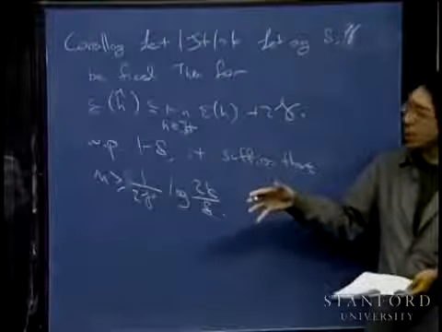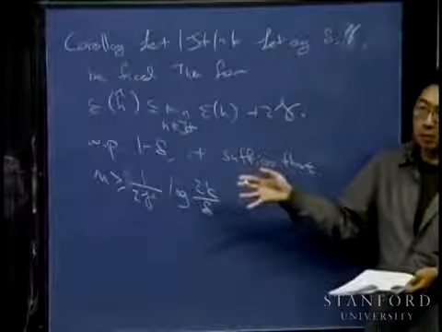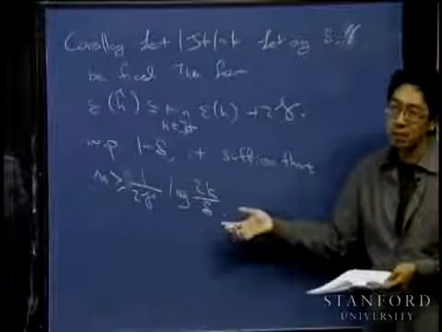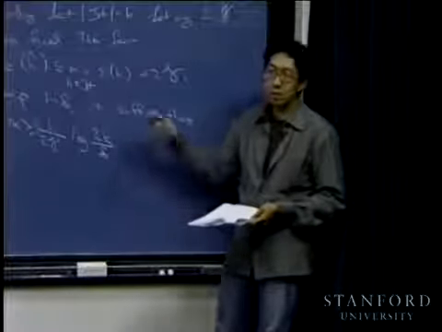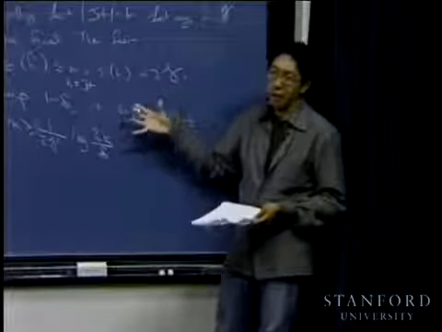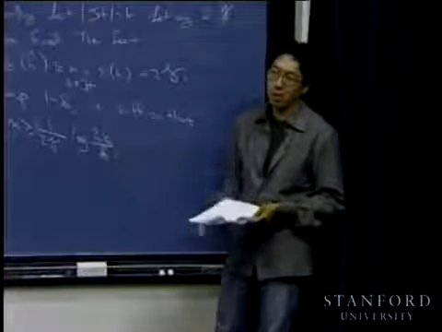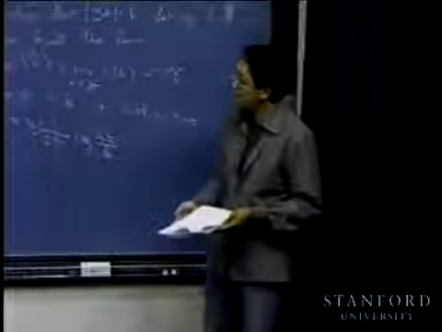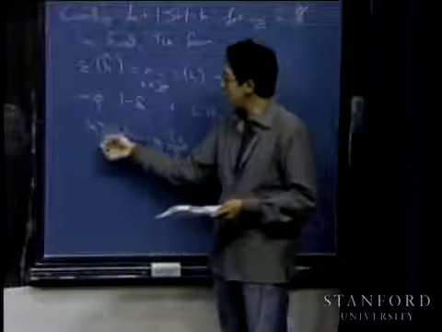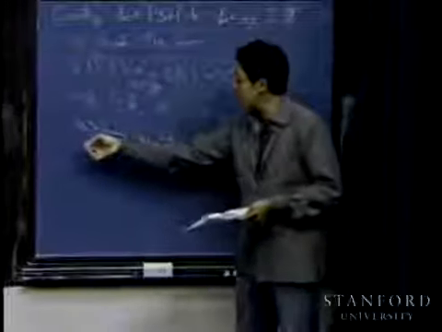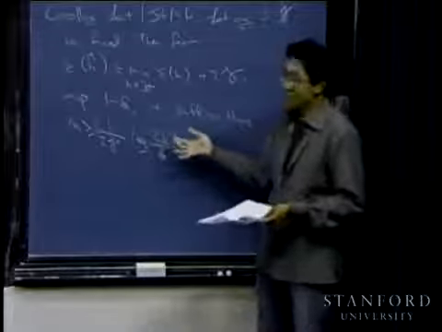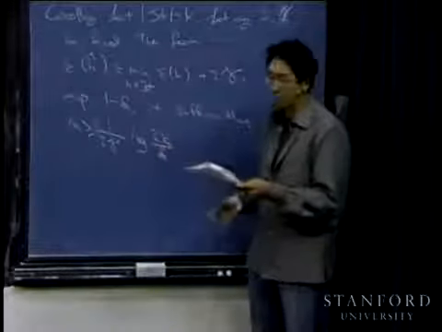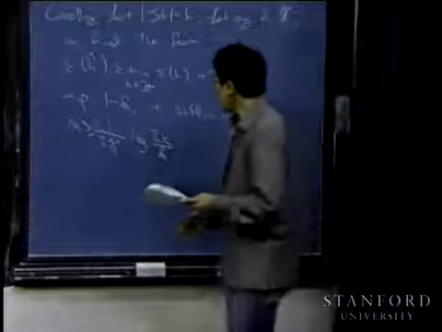In particular, make sure that if you solve for that, you really get m greater than or equal to this. And why is it m greater than or equal to that and not m less than or equal to? Just go back and convince yourself that it's really true.